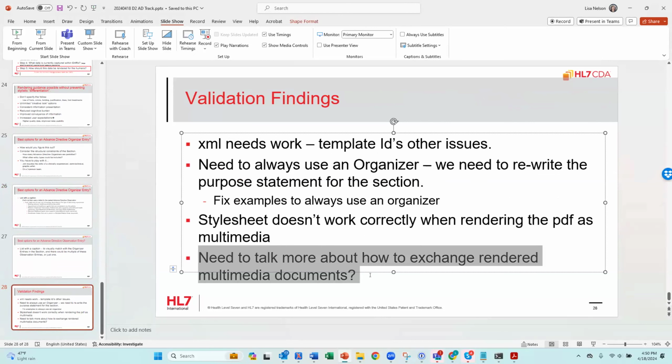And we need to talk more about what's the workflow for exchanging, if you want to have the source PDF that gets scanned in or gets shared as an unstructured CDA, and you want the doctor to be able to quickly see that either by opening it in a linked HTML type of way or a rendered multimedia. When you need to provide that to happen, it means you need to return more than one document.